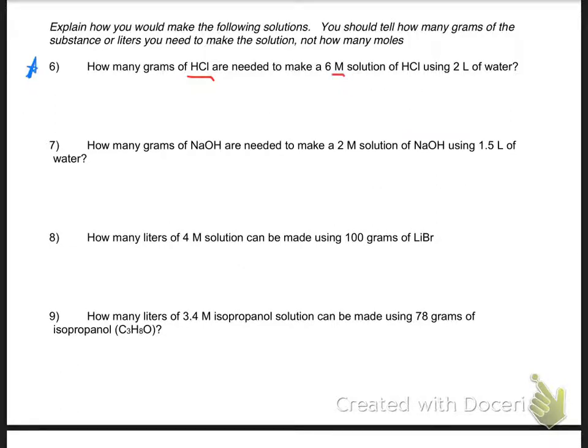We're talking about molarity when you say molar, okay? So a 6 molar solution of HCl using 2 liters of water. Oh, little hint. A lot of times I will shorten solution by putting SOL apostrophe N, and that means solution. It's just a little shorthand. So let's look at how we would solve this question.